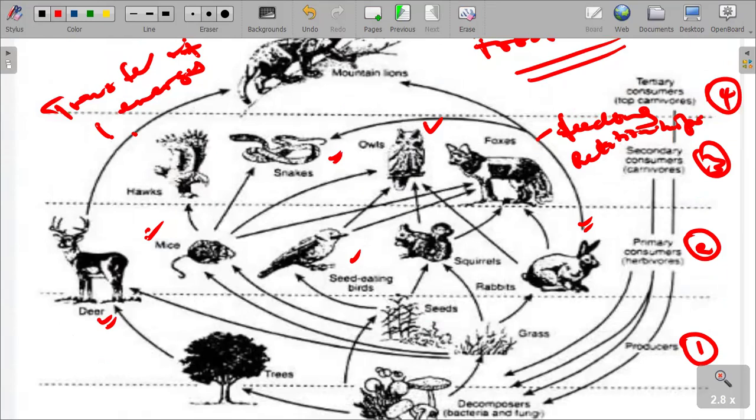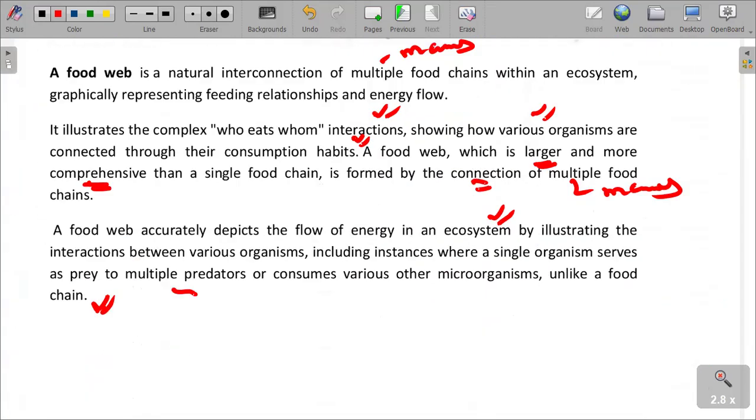We are seeing arrows that are going, for example, to the fox. The fox is eating the mice, the seed eating bird, the squirrel, and also the rabbit. So there are many arrows that show one organism eating many of them.